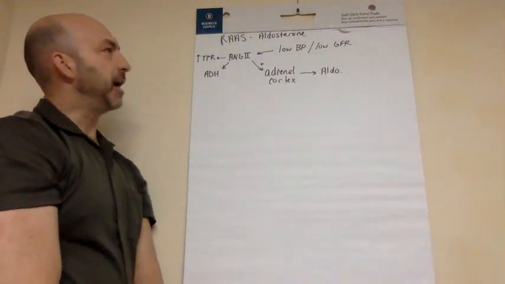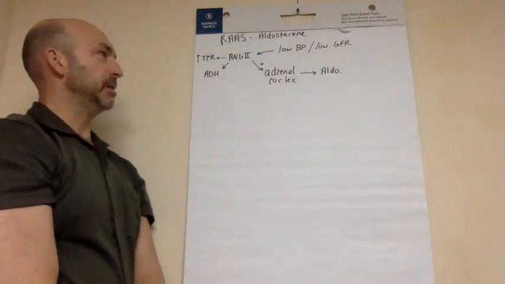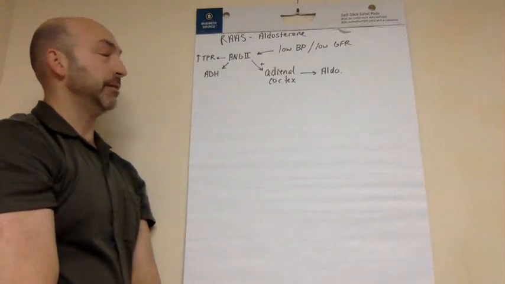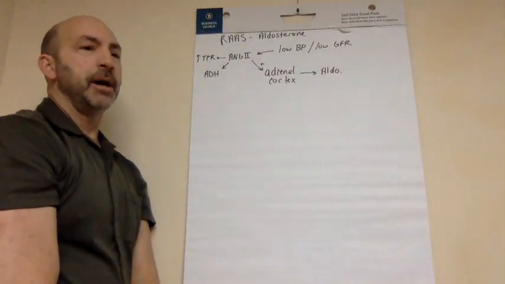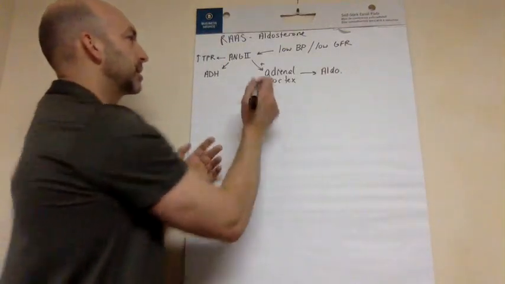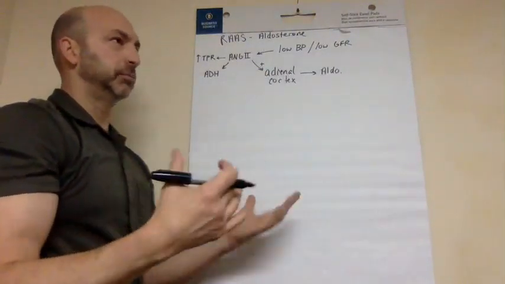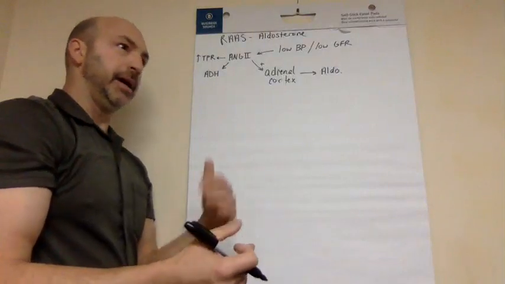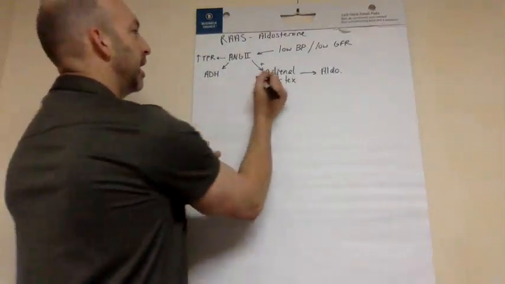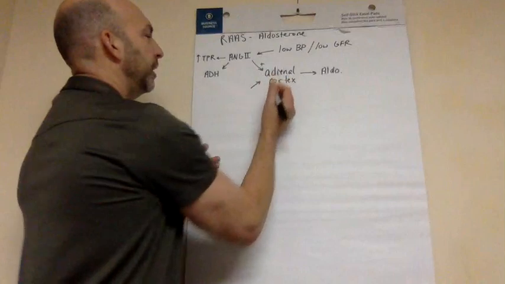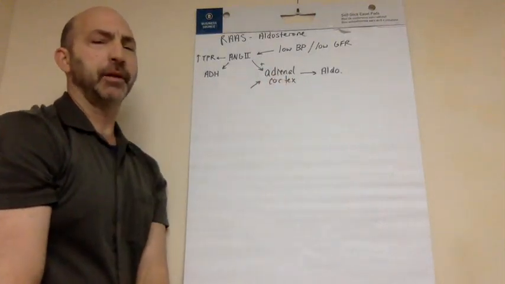Okay, so let's follow up on other stimuli to the adrenal cortex outside of angiotensin 2. The big one, and so kind of unrelated to the blood pressure scenario that we're talking about here, but it is the primary stimulus, is hyperkalemia, right?